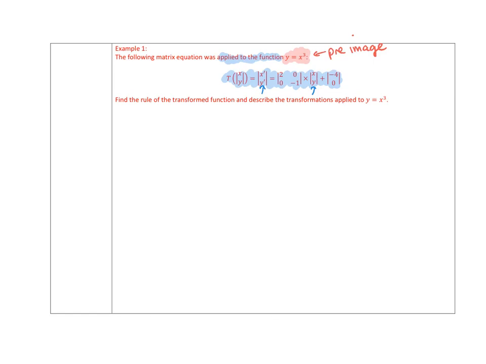Now the question asks us to find the rule of the transformed function. So the transformed function here is saying find the rule of the image. And it's also asking us to describe the transformations applied.